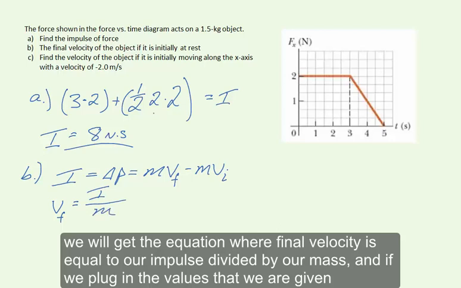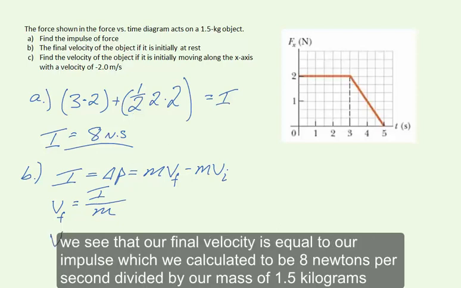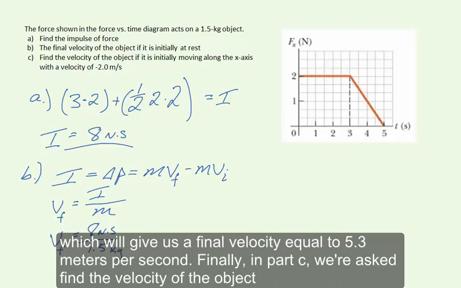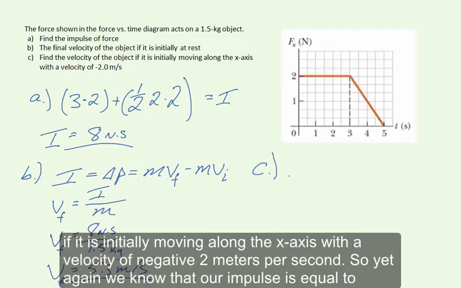If we plug in the values we are given, our final velocity is equal to our impulse, which we calculated to be 8 newton-seconds, divided by our mass of 1.5 kilograms, which will give us a final velocity equal to 5.3 meters per second.